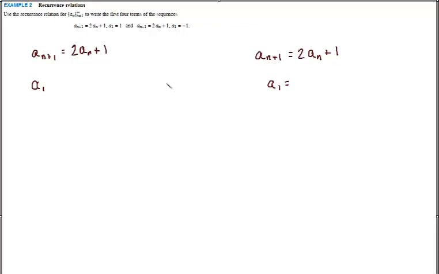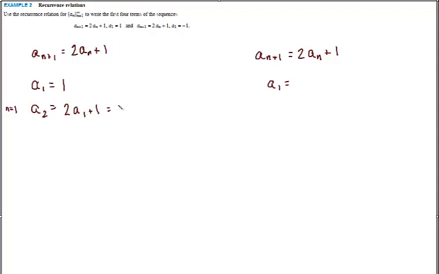In example 2, I'm to do a very similar process to what I just finished with example 1. They go ahead and tell me that a sub 1 is equal to 1, and I'm going to use that in order to get a sub 2. So a sub 2 means that, in this case, n equals 1, because 1 plus 1 is 2. So a sub 2 is 2 times a sub 1 plus 1.